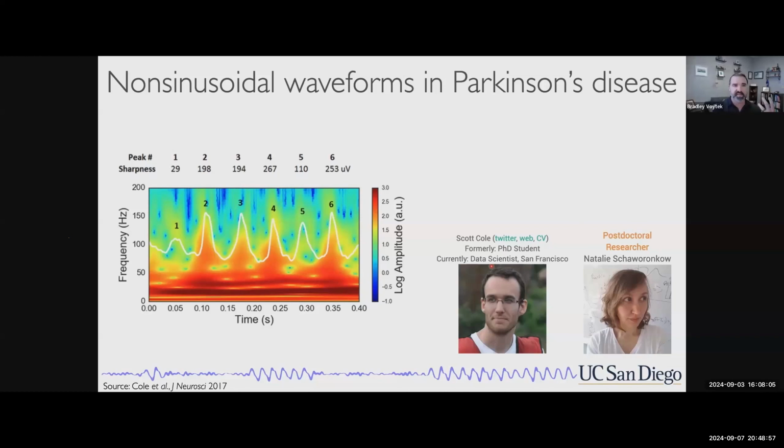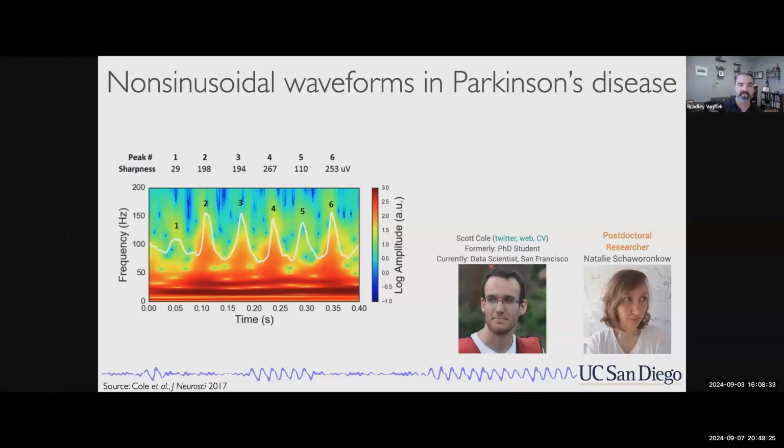And what Scott had shown in this was that these oscillatory waveforms, in this case not visual alpha, but a beta 20-ish hertz oscillation in the motor cortex, were invasively recorded from people undergoing surgery for deep brain stimulation implantation in Parkinson's disease. For people who aren't familiar, Parkinson's disease is one of the very few neurological disorders where we know exactly what in the brain has changed.